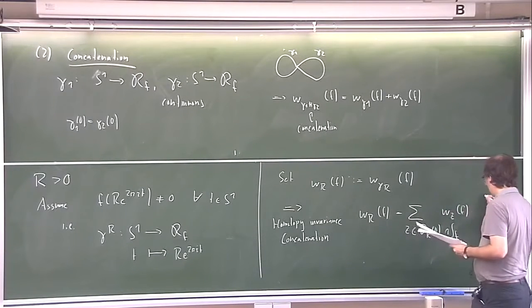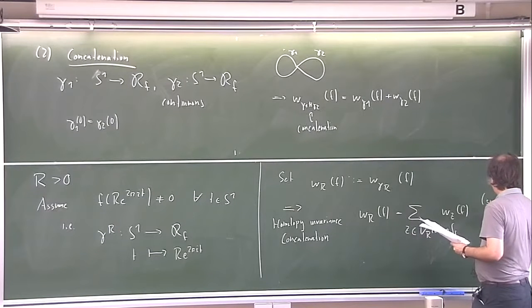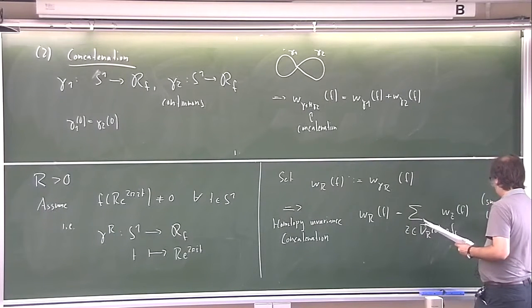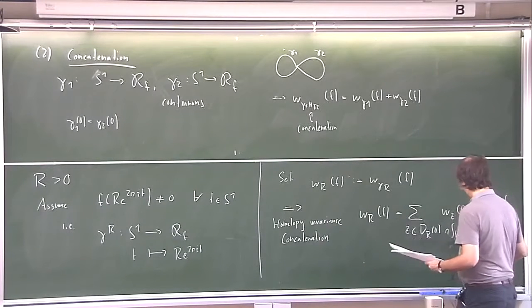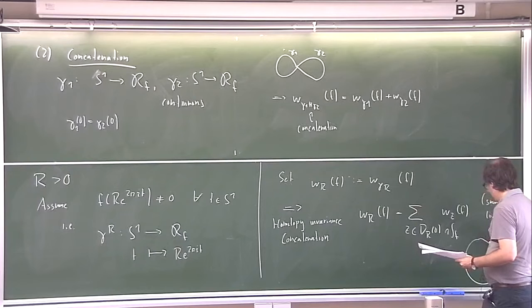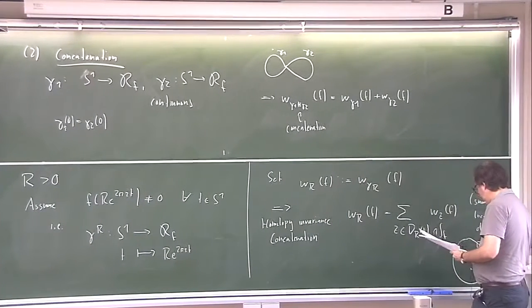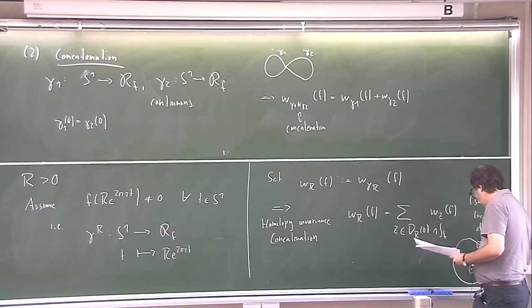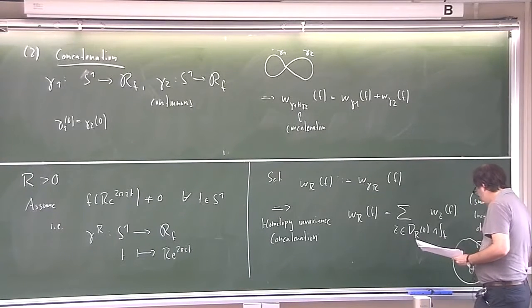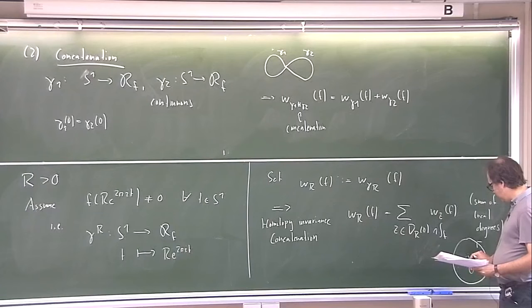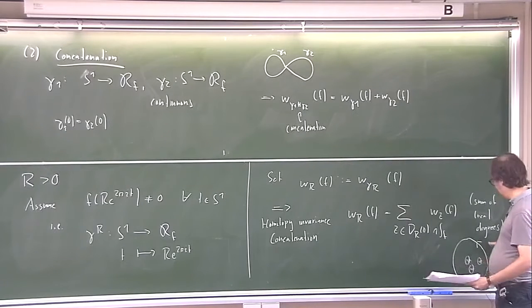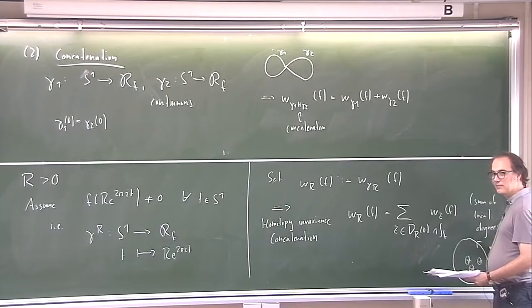So we have a sum of local degrees. We have our big R ball, and then some singular points, and we look at the local degrees. When we make it bigger and bigger, by homotopy invariance, we concatenate and then concatenate again, and by homotopy invariance we get this degree.